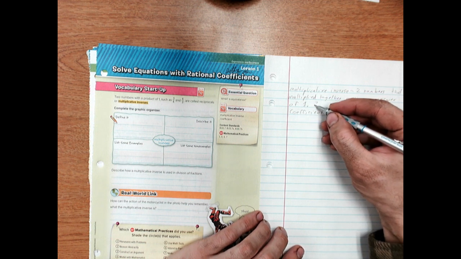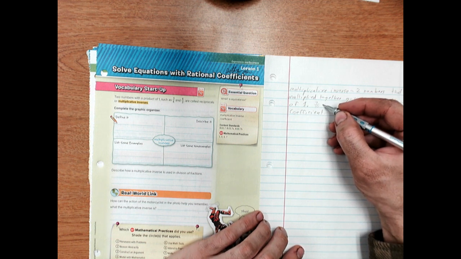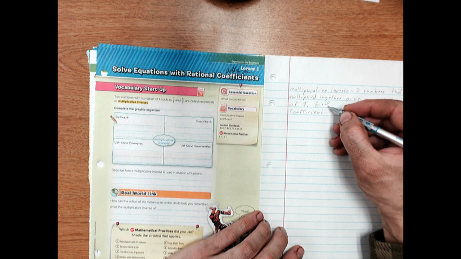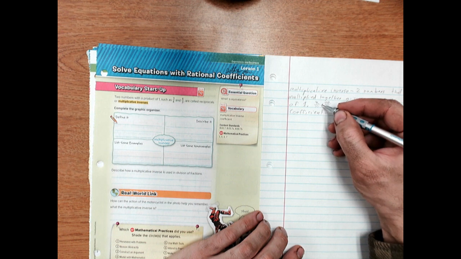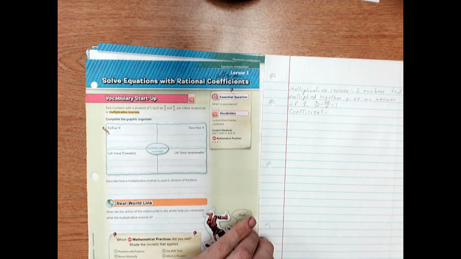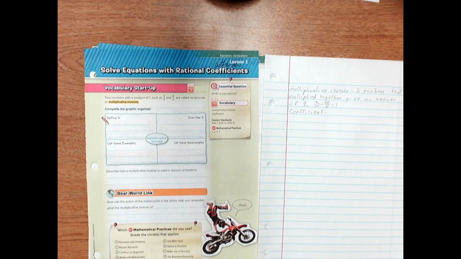So, like 7 over 10 times 10 over 7. Everything cancels out, and it equals 1. So, anytime you have two things inverted times each other, you have a multiplicative inverse, and the answer is 1.